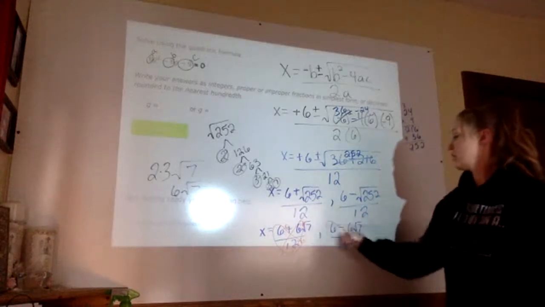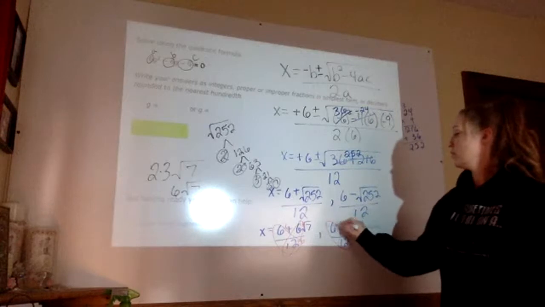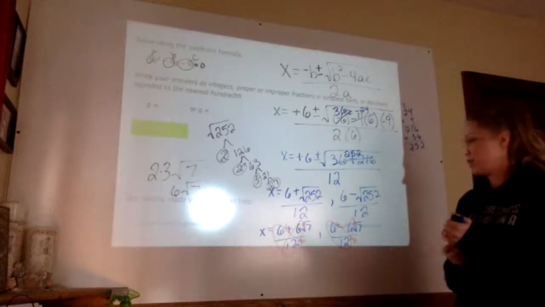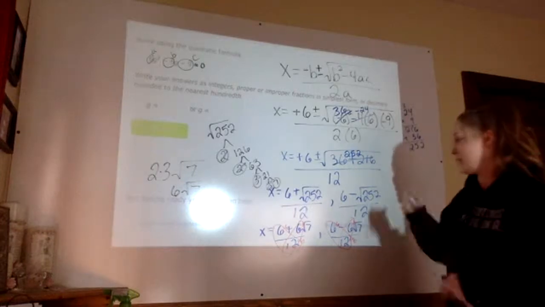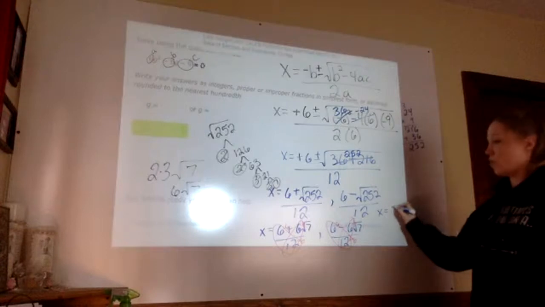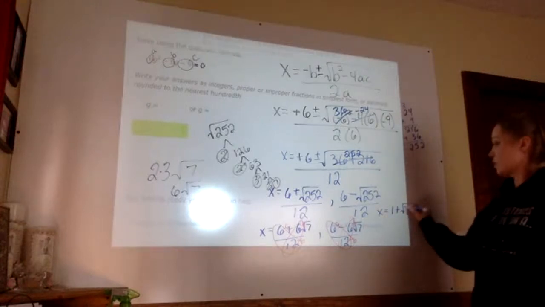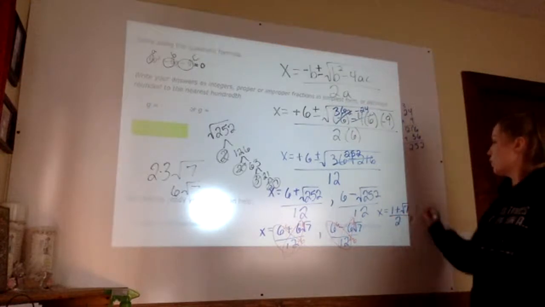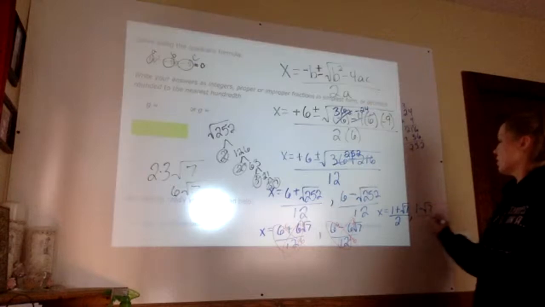And then the same thing on this side. So that means my final exact answer would be x is equal to 1 plus 1 square root of 7, or just square root of 7, over 2, and then 1 minus square root of 7 over 2.